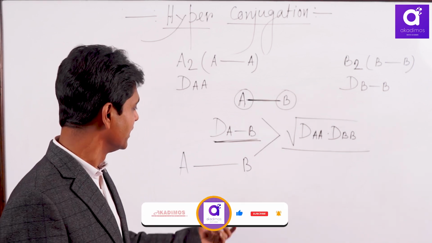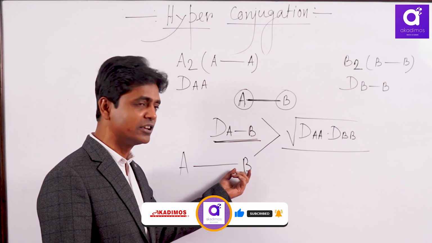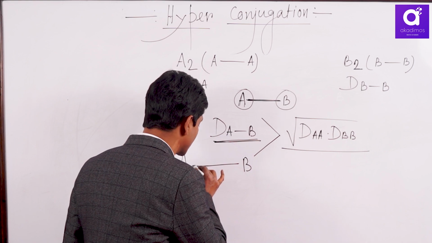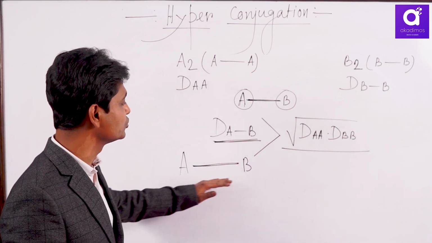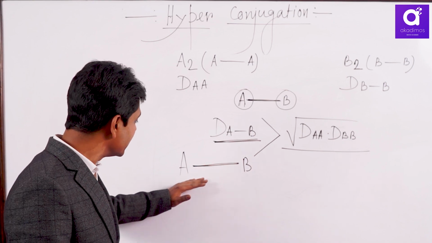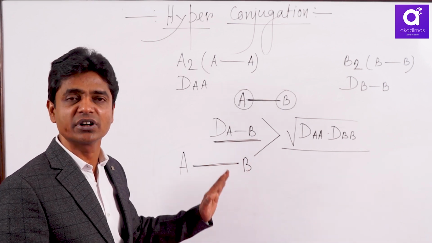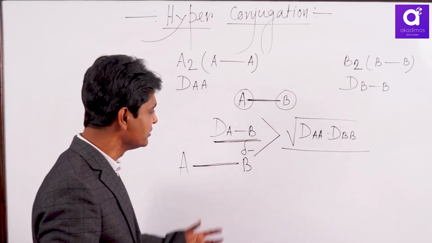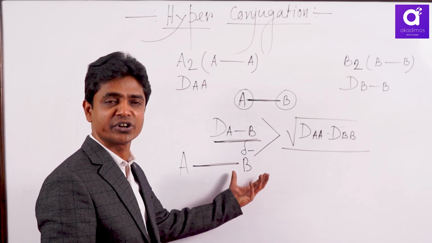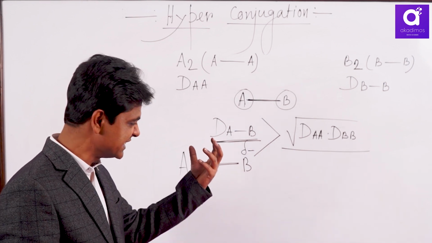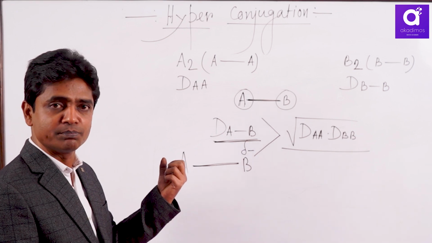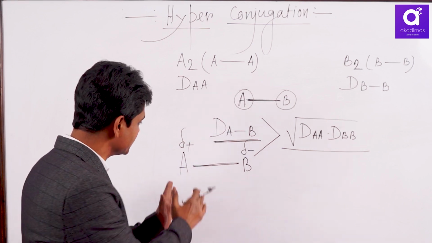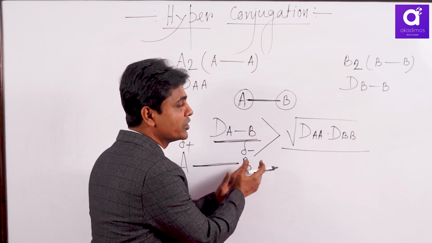If I consider the effective nuclear charge of the nucleus of B more than A, then this electron cloud is not symmetrically distributed between the two nuclei A and B. The electron cloud is slightly polarized towards the nucleus of B, so it will get some negative charge. There will be some more accumulation of electrons towards B, since it is more electronegative, since it has more withdrawing power, and A will get delta positive since electrons are away from A towards B.